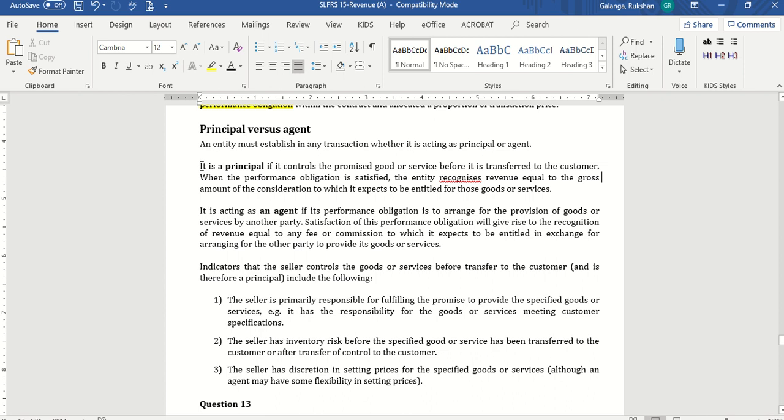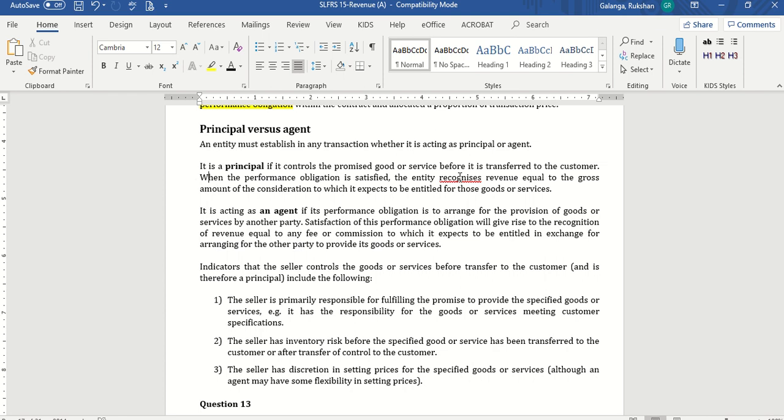An entity must establish in any transaction whether it is acting as a principal or an agent. It is a principal if it controls the promised goods or service before it is transferred to the customer.